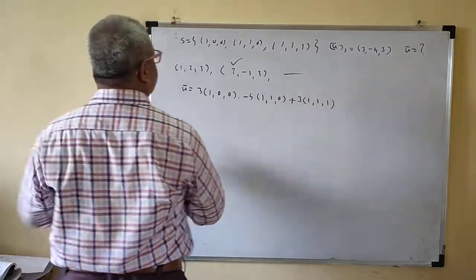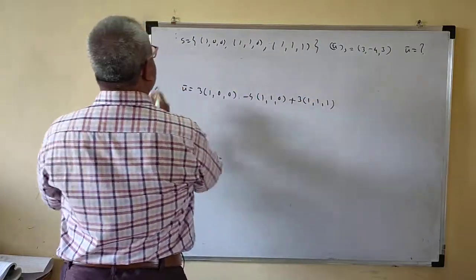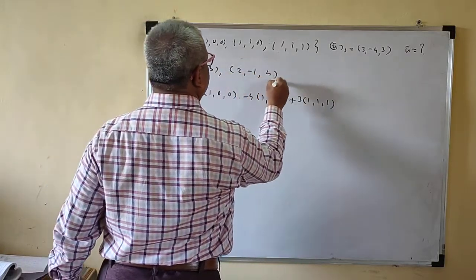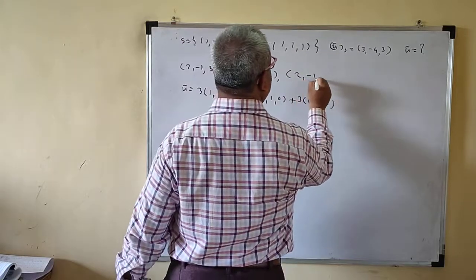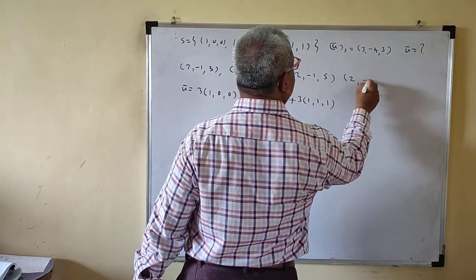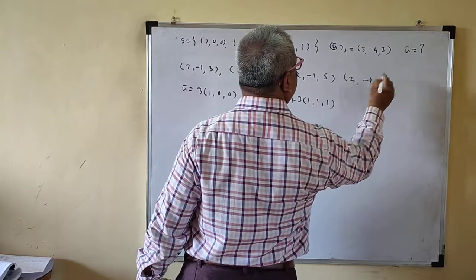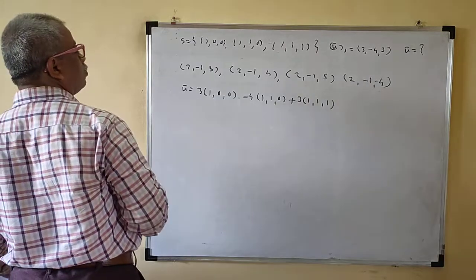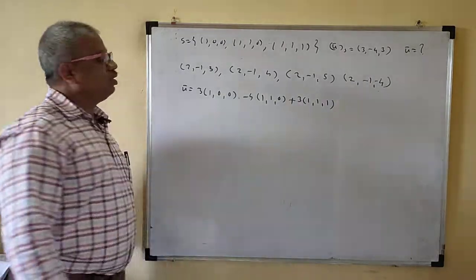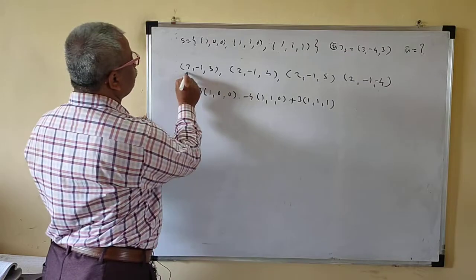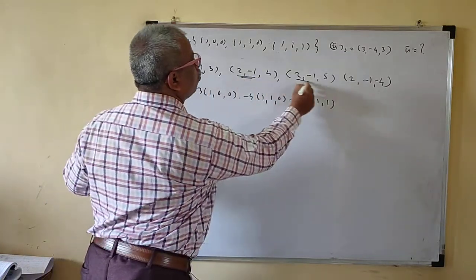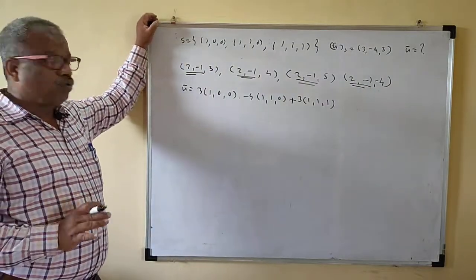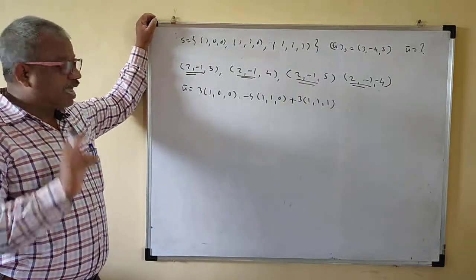Suppose you have these options. Here the first two components are the same in all of them, so there is no need to find them; directly find the third component.